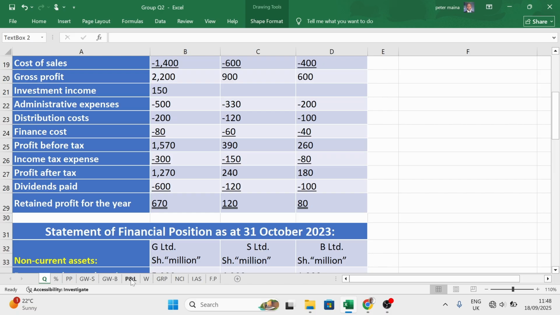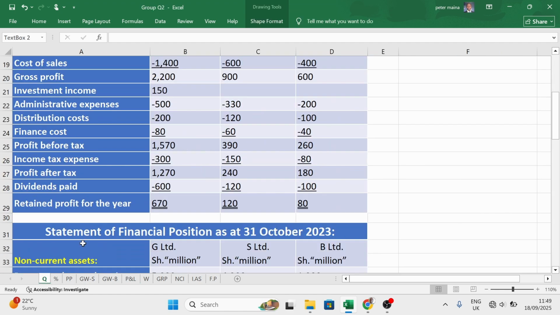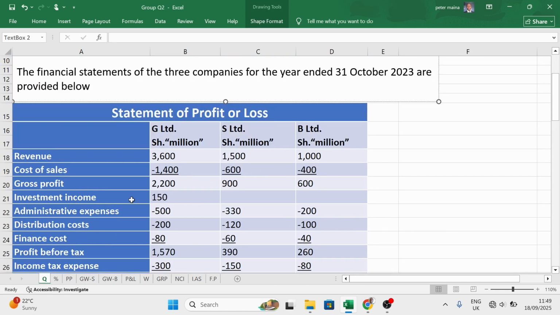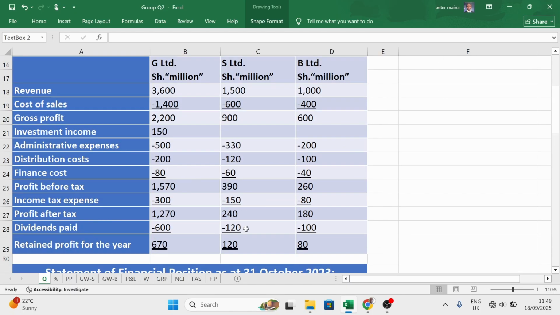So when you go to the profit and loss, you take the 150, the investment income recorded by G Limited. Deduct 80% of 120, which is the dividend that would go to G Limited. 120 is the total dividend paid by S.